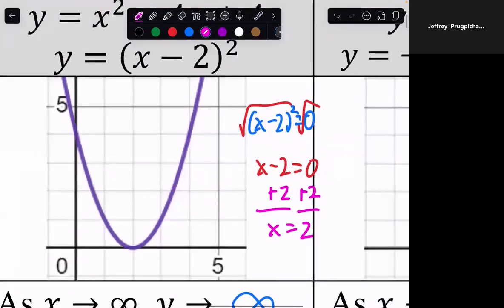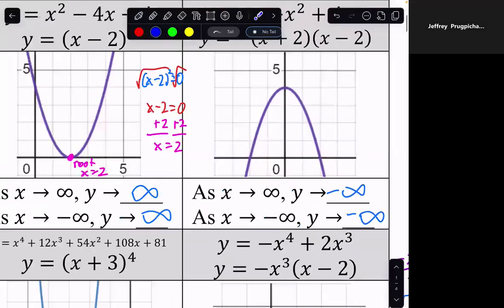Okay, so we see that x equals 2 is a root that matches the graph. But this time the graph bounces off the root. It doesn't cross through to the other side. It doesn't go from above to below. It starts above and it stays above.